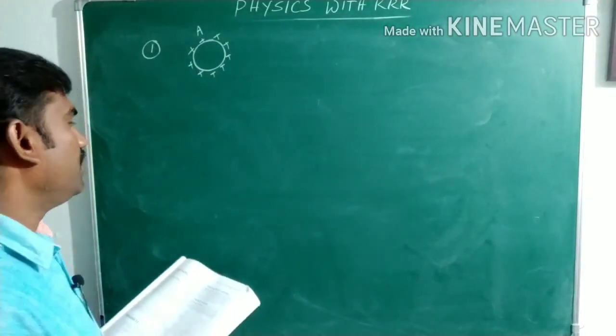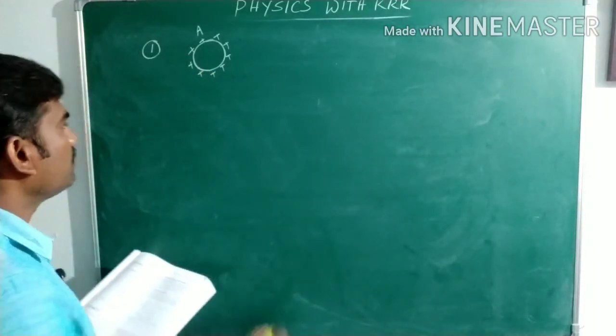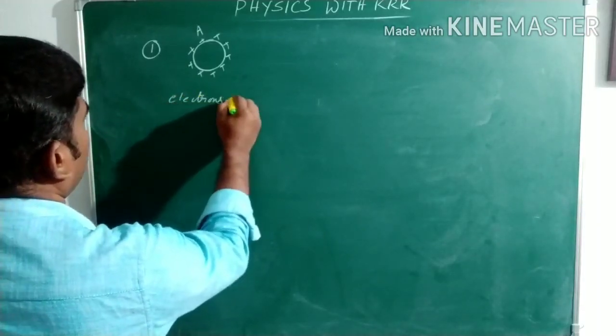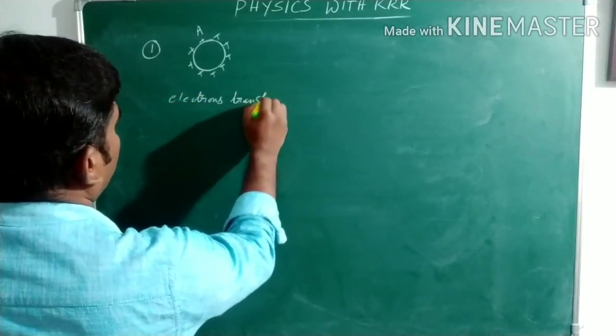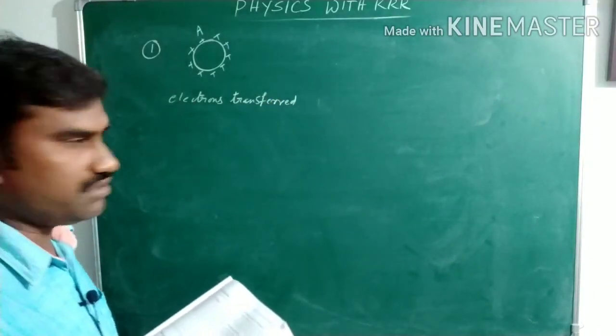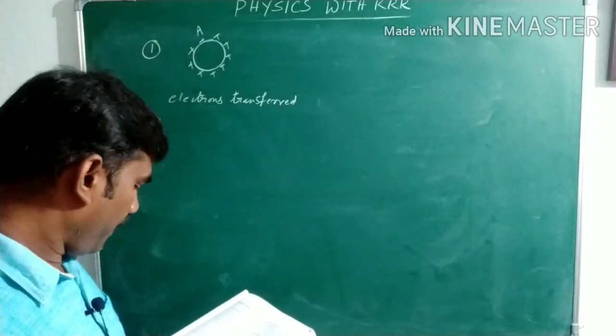It means there is a lack of electrons, or electrons are removed, or electrons are transferred from this body to another body. That is the meaning of a body being positively charged.